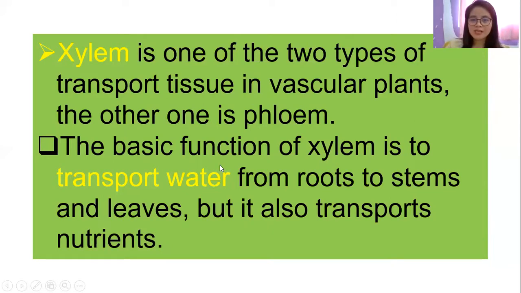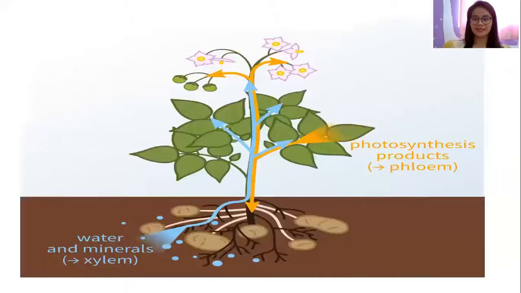So what is the function of xylem? The basic function of xylem is to transport water from roots to stems and leaves, but it also transports nutrients, remember, nutrients from the soil. So the xylem will get the water from the roots and transport it to the stem, leaves, and flower. In every part of the flower there must be water so that the plant will grow healthier.